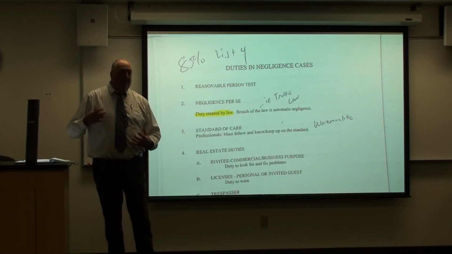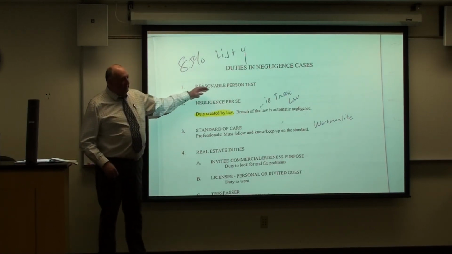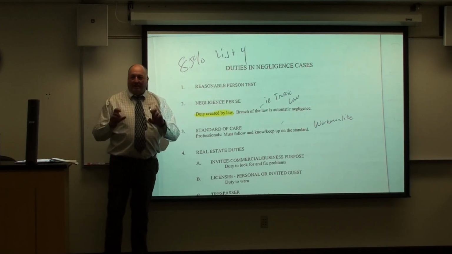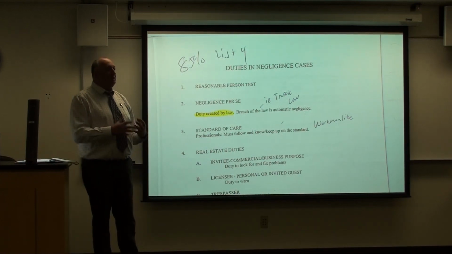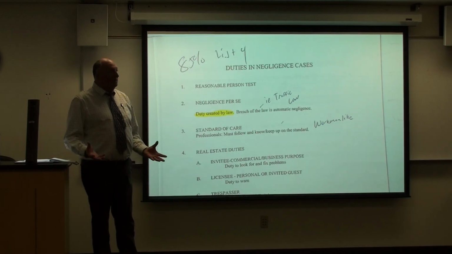Kind of like in economics, you have the rational person theorem. In law, we have this idea that what you do will be measured against this theoretical, reasonable test. And if what you're doing is not reasonable, or the average reasonable person would not have done that, then you're negligent. You violated your duty.